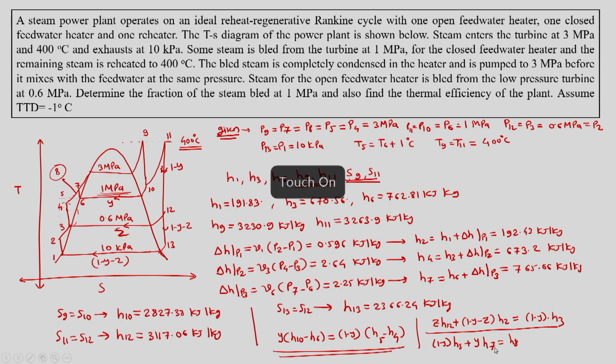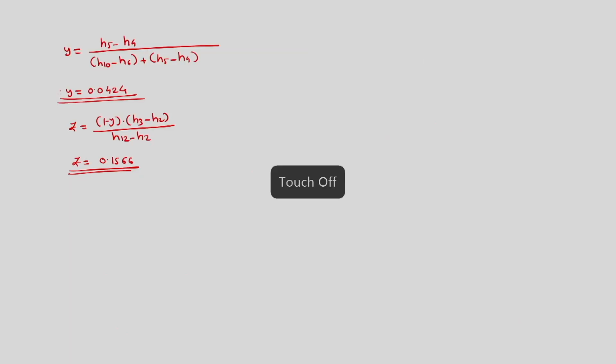So H8 is equal to Y into H7 plus 1 minus Y into H5, and we get H8 is equal to 764.57 kilojoule per kg. And this is required for us to find out Q in.